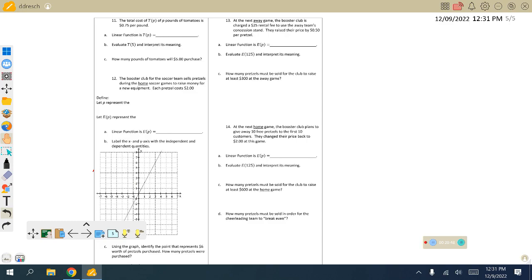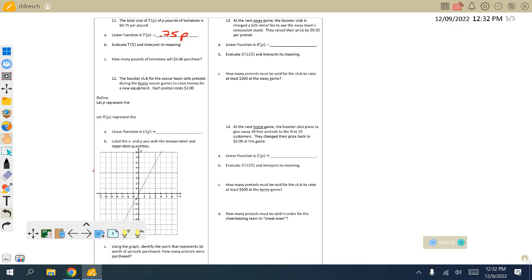What are we doing here? We're buying pounds of tomatoes. So our T of P in our equation is 75 cents per pound of tomatoes. That's just like if you were getting paid $9 an hour. That's that 9T we just did.